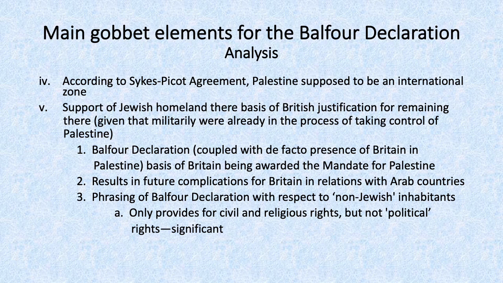So Britain would end up being awarded the Mandate of Palestine, in large measure because of the Balfour Declaration. In fact, the terms of the Balfour Declaration will be incorporated into the Mandate for Palestine, which will be overseen by the League of Nations.